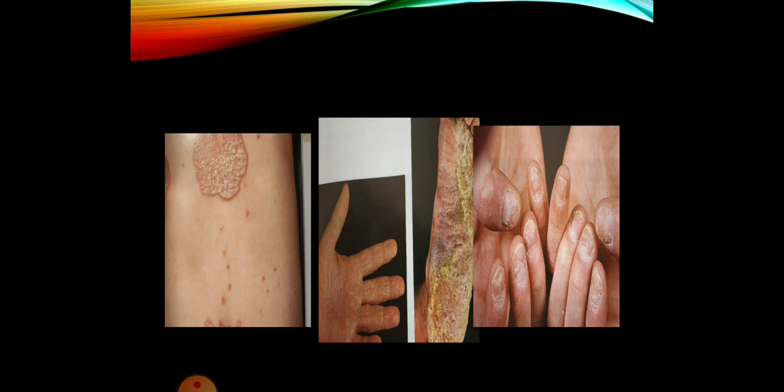That is another use of methotrexate: psoriasis and psoriatic arthritis. Methotrexate is usually given in oral form, and the blood picture and liver function test should be done before prescribing methotrexate. And if the patient is on methotrexate, you should carry on doing this test at an interval of 2 to 3 months.